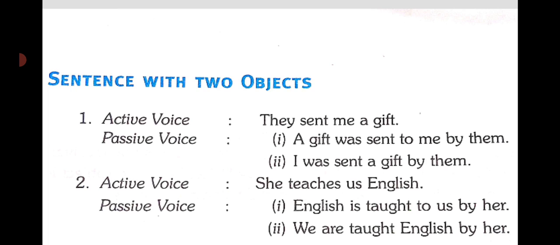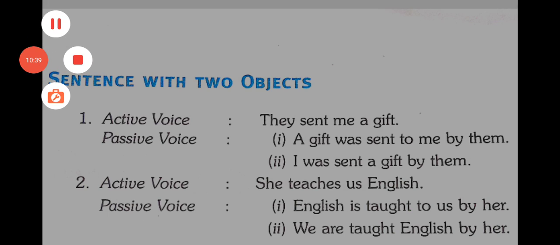Here you will see sent is second form of verb. It means we will use was, were. A gift was sent to me by them. And in second case, you can make your passive voice with the help of me. Me changes into I. I was sent a gift by them.